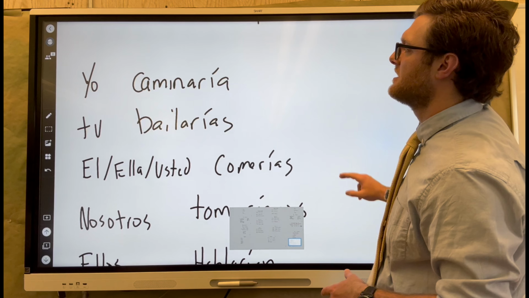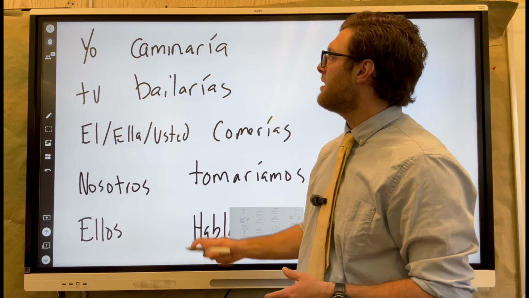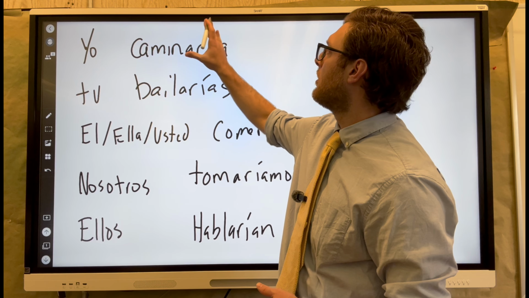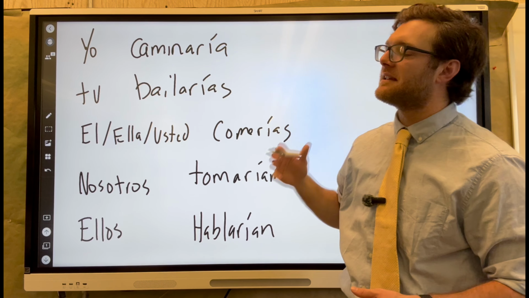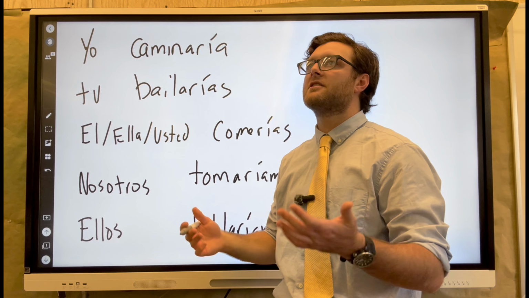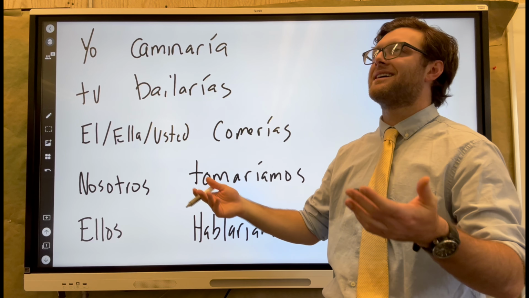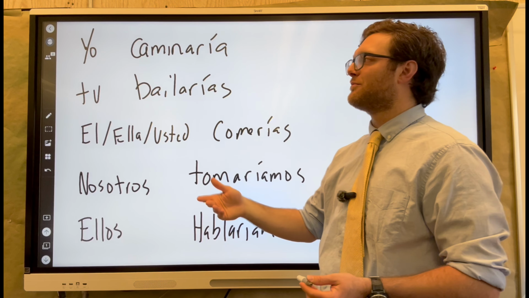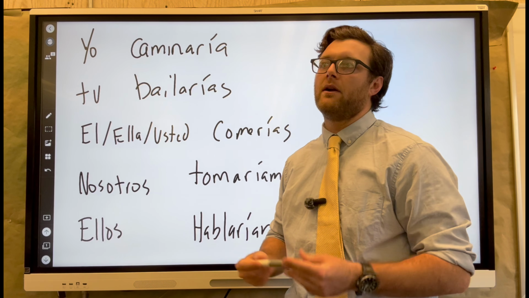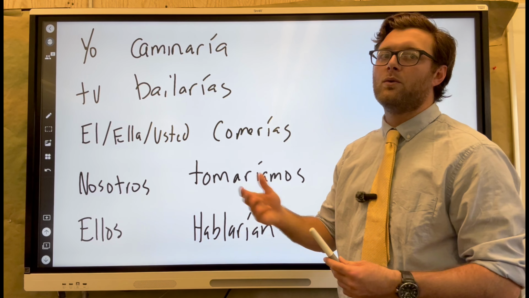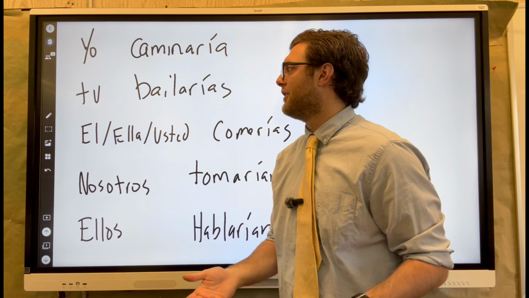So I have here a couple examples. So we have yo caminar. Caminar here is my infinitive, but then I added -ía at the end to make it conditional. Yo caminaría a la escuela, pero es tan lejos. Right? I would walk to school, but it's so far. Tú bailarías merengue, pero no sabes cómo hacerlo. You would dance merengue, but you don't know how to do it. All right?